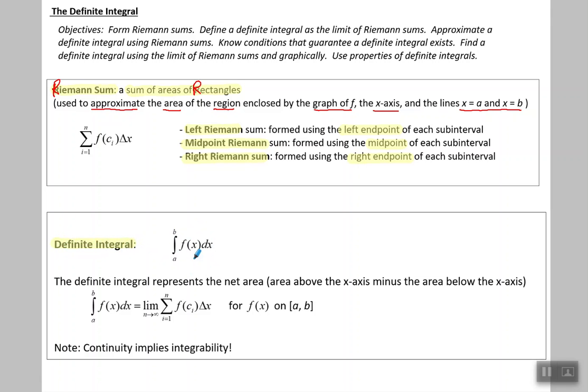Let's start by talking about the parts of a definite integral. The integral sign is S-shaped to remind us that it comes from a sum, like S for sum, but we call this the integral sign. The limits a and b of the integral represent the lower bound. This is called the lower limit of integration.